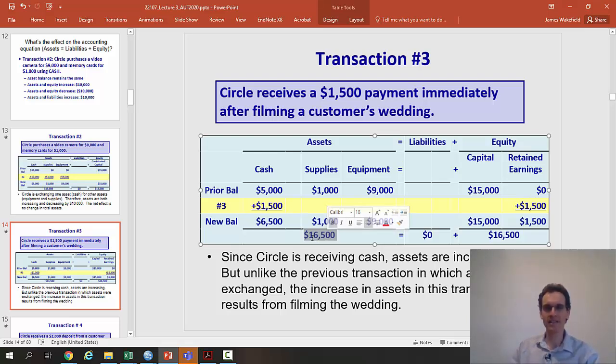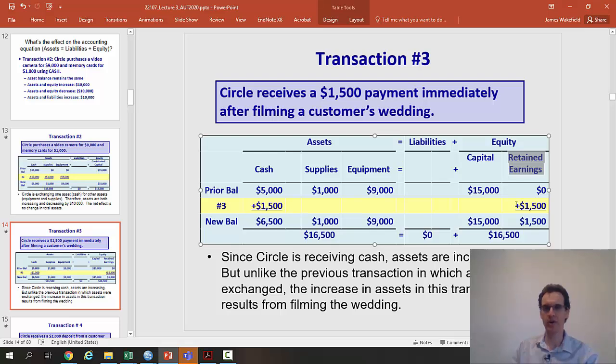$16,500. Now, obviously the $16,500 needs to match the other side of the accounting equation. And we can see over here that the equity side has increased by $1,500. Now, when businesses generate profit, that profit flows to retained earnings, right? So this means that the profit is added to the retained earnings section of equity.